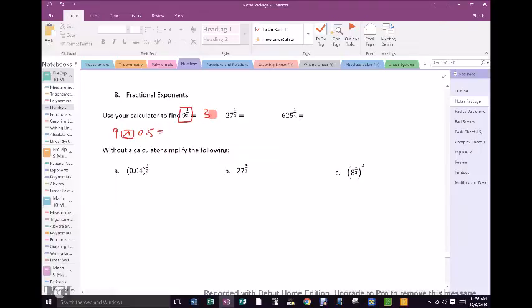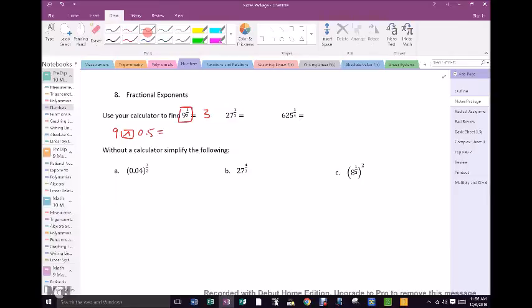3. This one, you need to put in, and please do this the way I am writing it. 27 exponent button bracket 1 divided by 3 close brackets equals, and tell me what you get. 3.